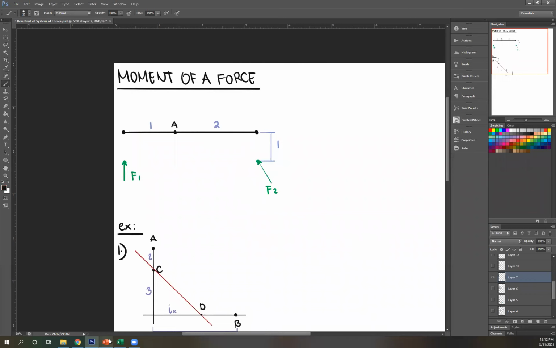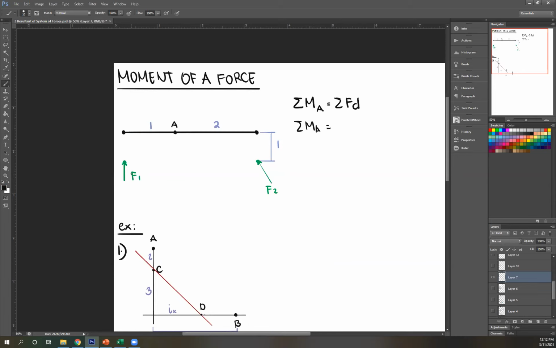According to our equation, summation of moment, you're going to take the moment about a certain point. So let's say I take it about this point A. Summation of moment A equals summation of your forces and their distances.